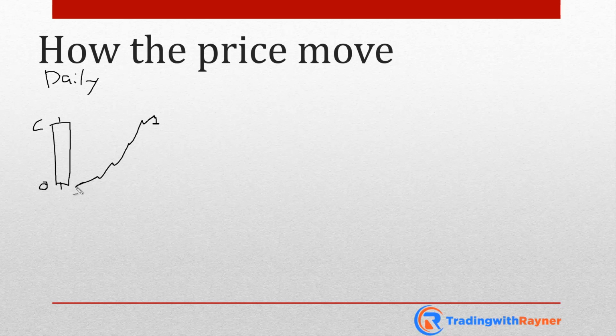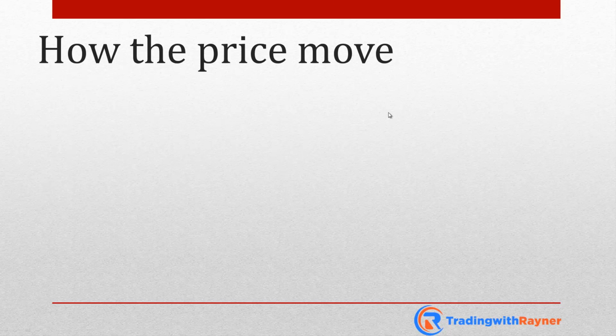Maybe the price could move in this manner: it moves up, moves down, moves up, and consolidates and closes somewhere here. Or maybe it opens, goes down lower, goes up, down, ranges, and then pushes back all the way up and closes somewhere here. So you can see that based on these few examples, there are different ways the price could have moved, and the candlestick pattern will not tell you that.